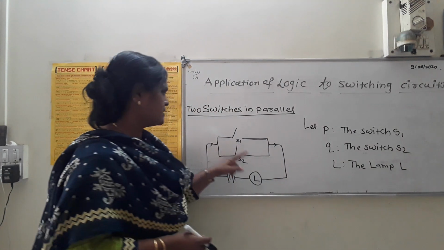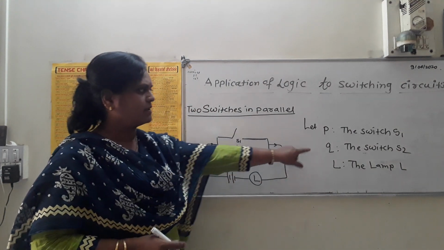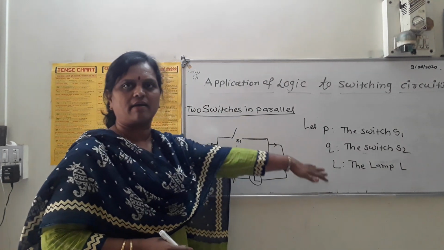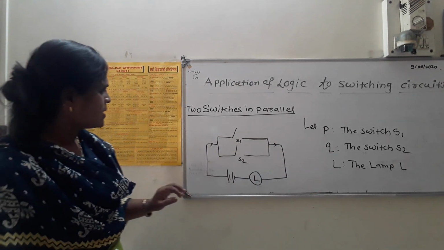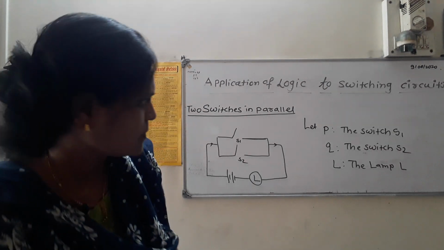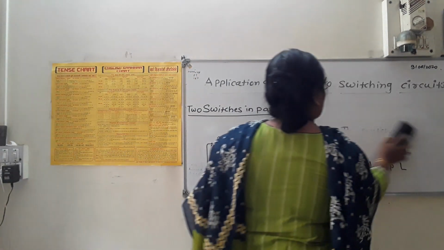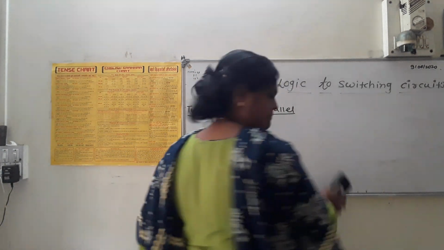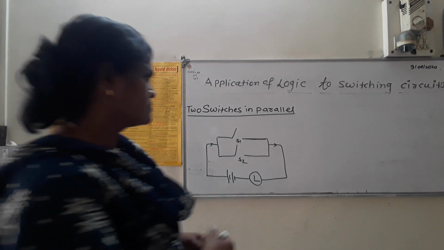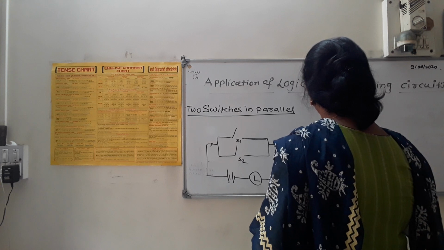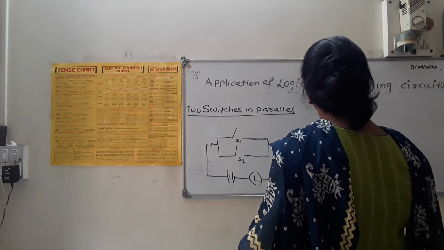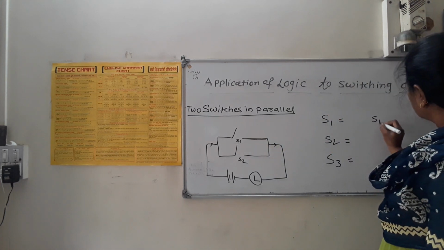If there is also S3, then here we have P, Q and R. R means switch S3, like this. Now here S1, S2, S3, and S1 dash.